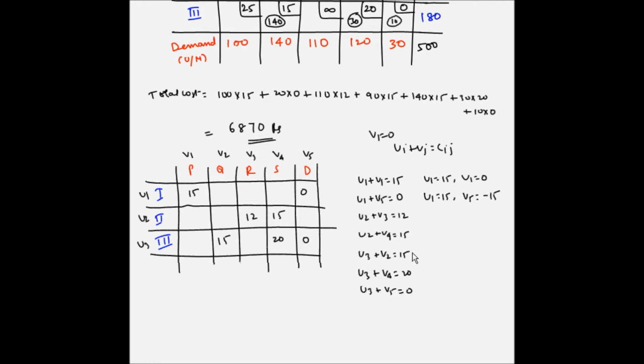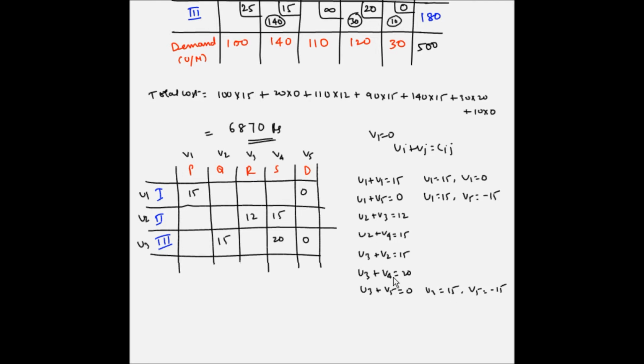Fourth is the same case. Fifth is also the same case. Sixth is also the same case. But seventh, we have the value of V5, which is minus 15. So U3 becomes 0 plus 15. So U3 equals 15 and V5 equals minus 15.